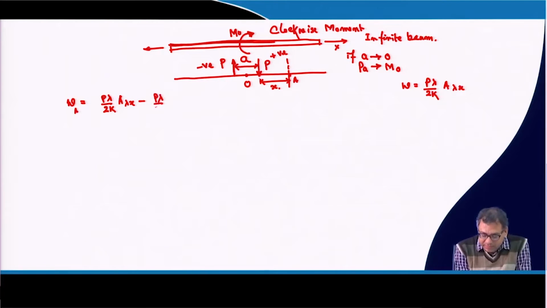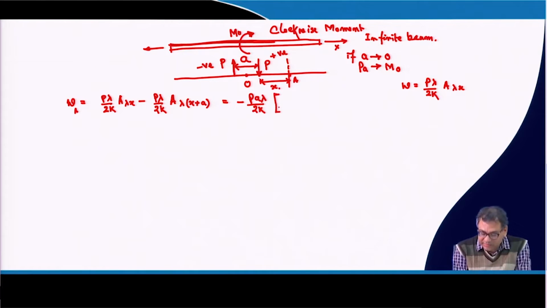So, P lambda by 2k, now this will be A lambda of x plus a, because that is the distance, x plus a. So I can write this equation as minus P a lambda by 2k.